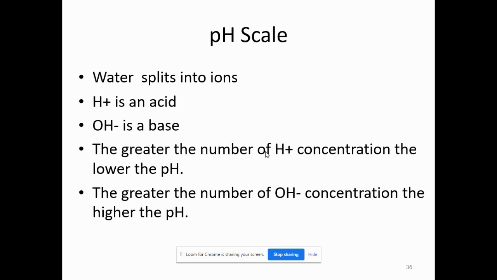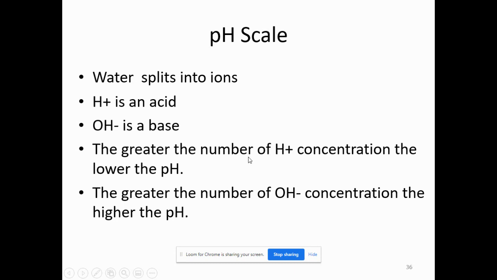When water splits, it splits into ions. What water, that H2O, usually does is lose one of those hydrogens. The hydrogen ion is an acid, and the OH, hydroxide ion, is a base.